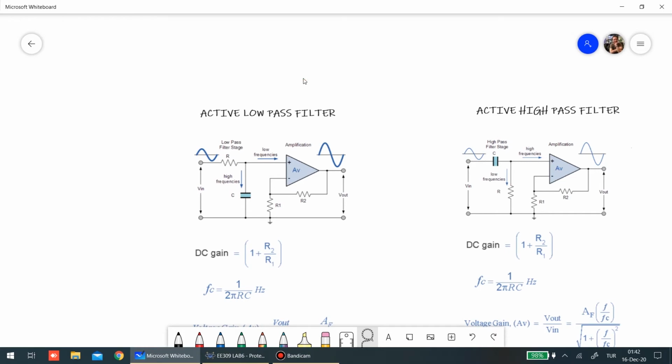We know that the reactance of any capacitor is inversely proportional to the frequency.